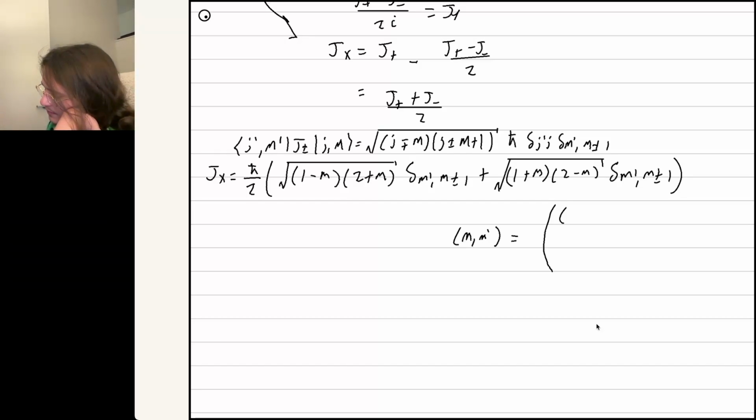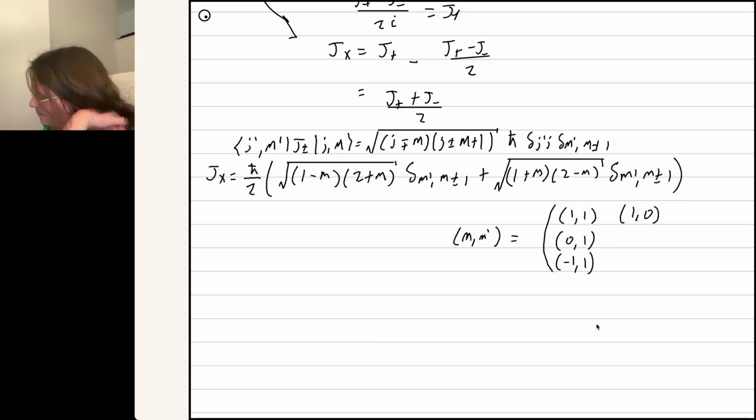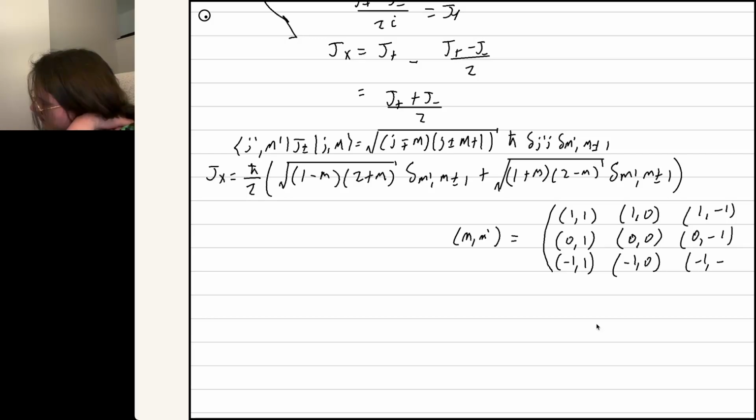So that's going to be 1 1, 0 1, minus 1 1, 1 0, 0 0, minus 1 0, 1 negative 1, 0 negative 1, negative 1 negative 1.